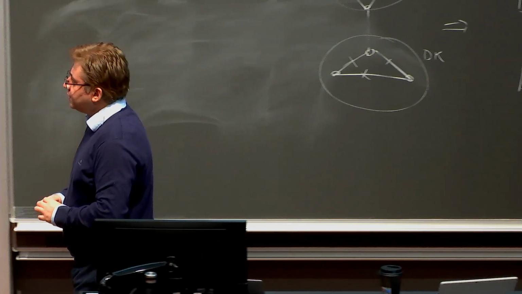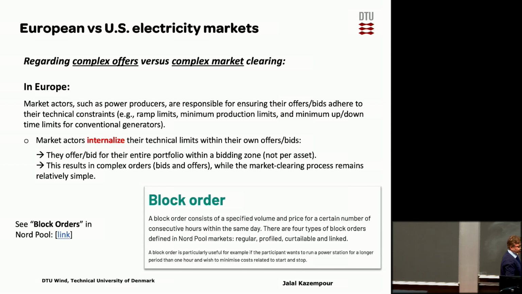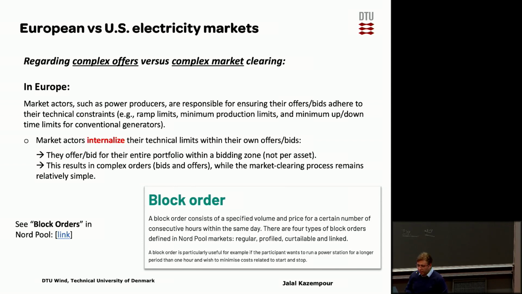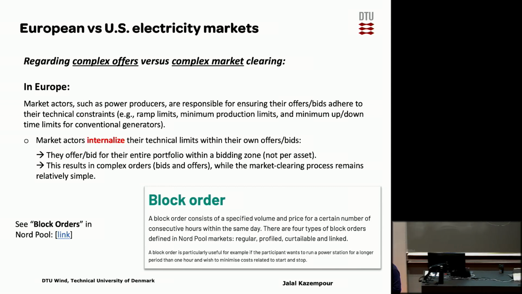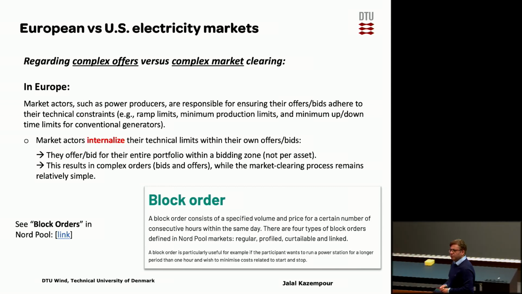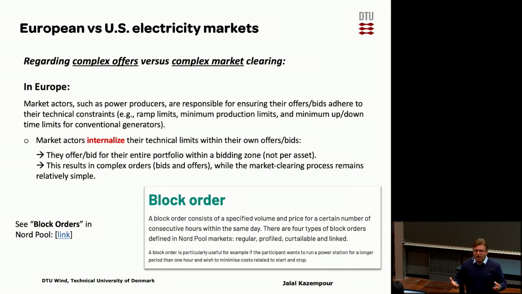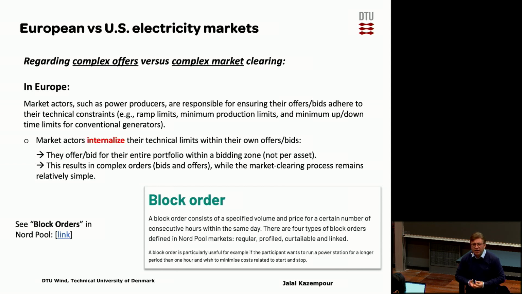The fourth difference and the last difference is a bit complicated. Not complicated. It's about the way generators and demands bid. If you have a conventional generator, for example a coal unit, are you aware of any technical limits this technology may have? We call them unit commitment constraints.